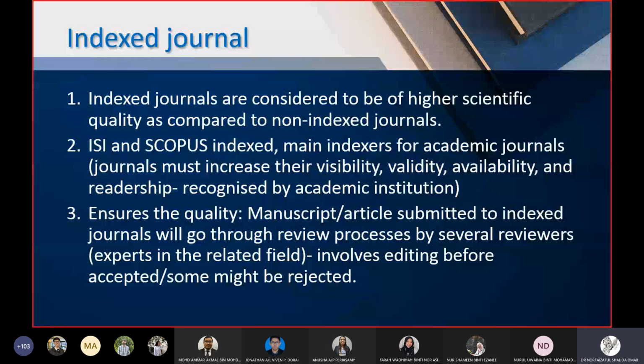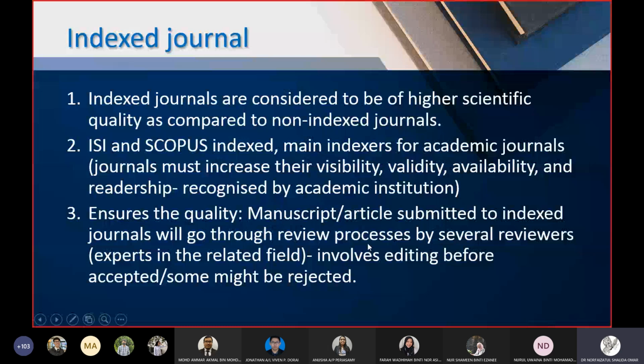So the index journal shows the quality of the scientific publication. So you would consider the index journal compared to the non-index one. That will give a more reliable source compared to the non-index journal. Why? Because these index journals go through a peer review process, meaning that they go through a reviewing process by experts in the related field.